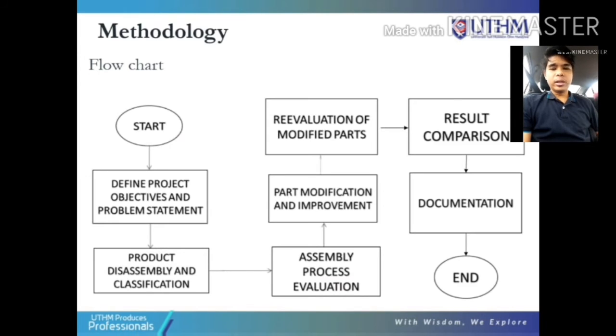We do a re-evaluation of the modified parts to find the new efficiency of the new design that we find after we do the modification, and then we do a result comparison from the old design and the new design, to see which is better in terms of efficiency, operation cost and operation time. And then we do the calculation and recommendation, and then we get the last result.